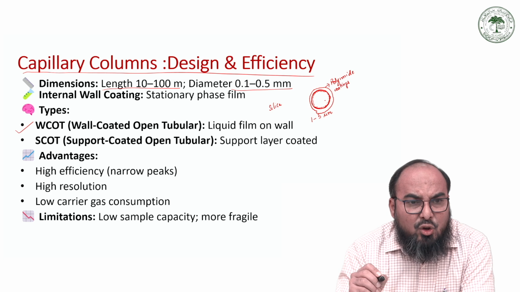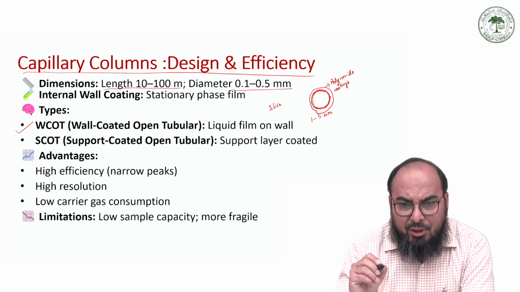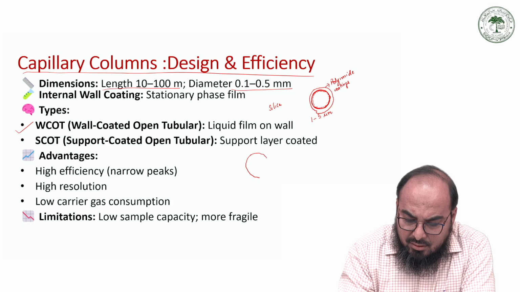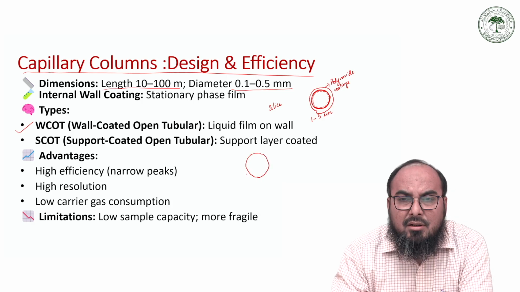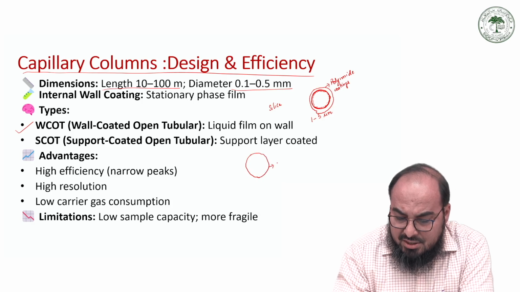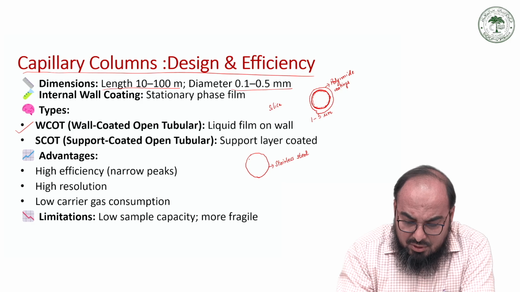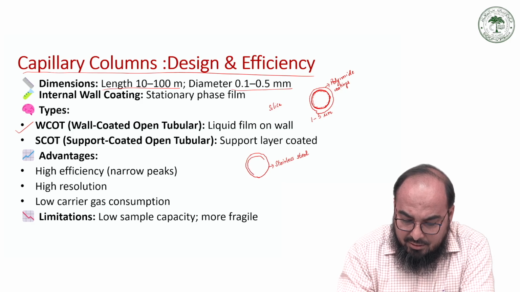Similarly, if you have a support coated open tubular column, then again it is like this. This is the column. It is made up of, for example, stainless steel, and what you do, you just adsorb a matrix, a supporting material, inside it.